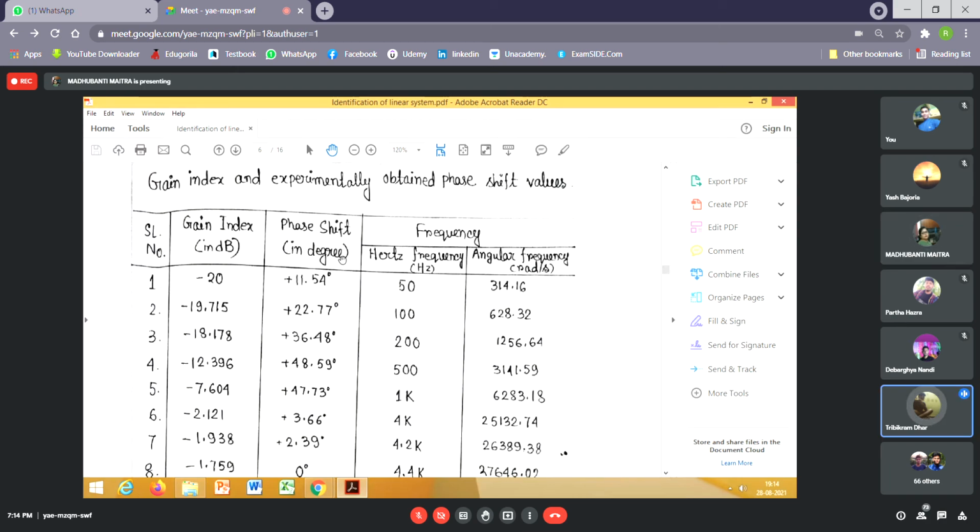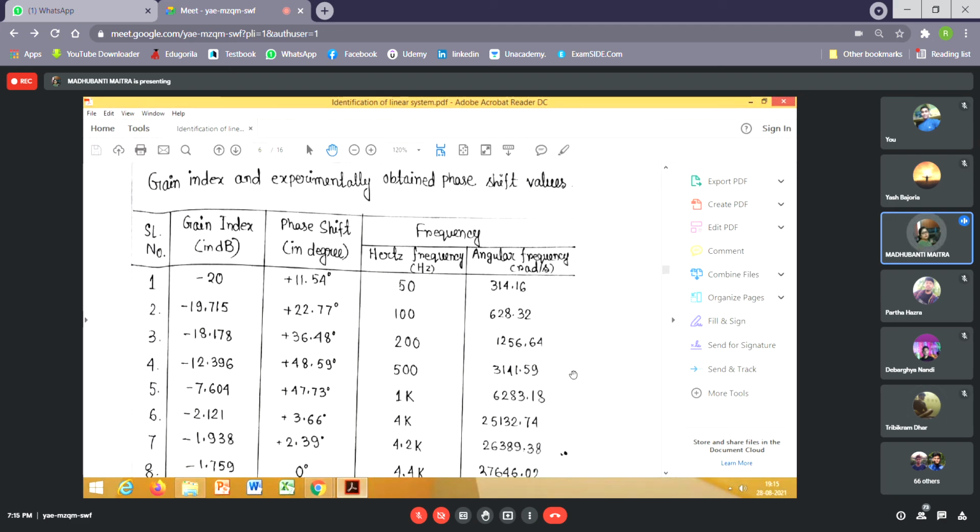Ma'am, could you repeat once again? Yes. Serial number, then your frequency. This column will have two sub columns. One is frequency in hertz, and then the angular frequency in radian per second. Clear? Yes, ma'am.